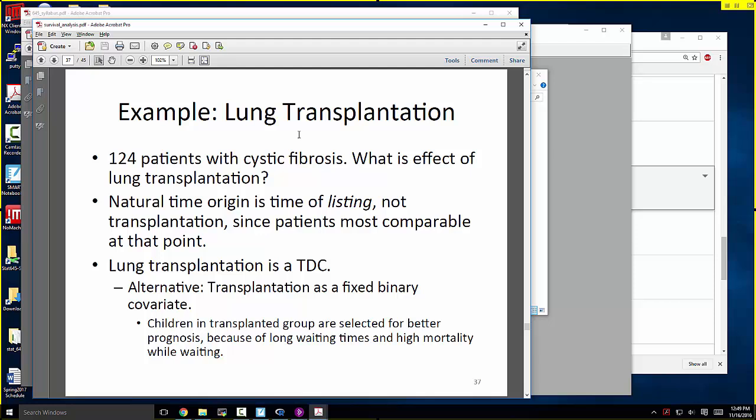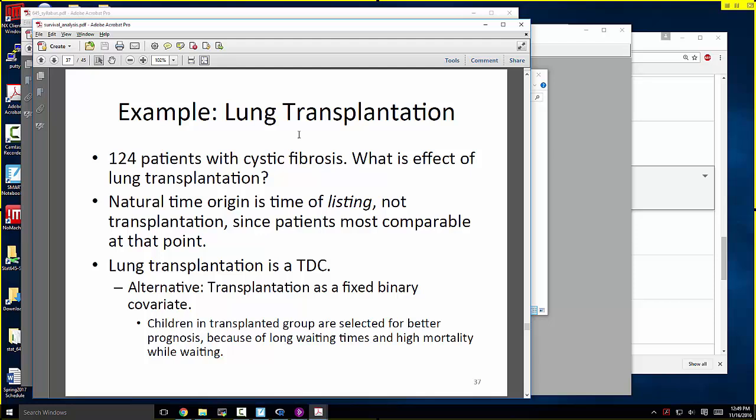Children who lived long enough to get a transplant had to have a long survival time on average because, as the authors note, there are long wait times for a transplant and there's high mortality for this population while you're waiting.